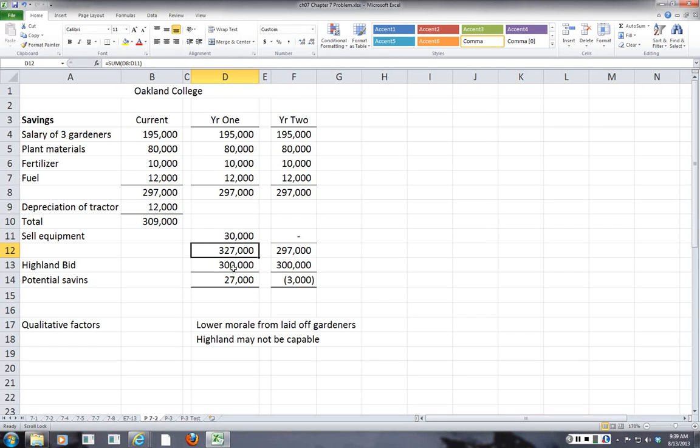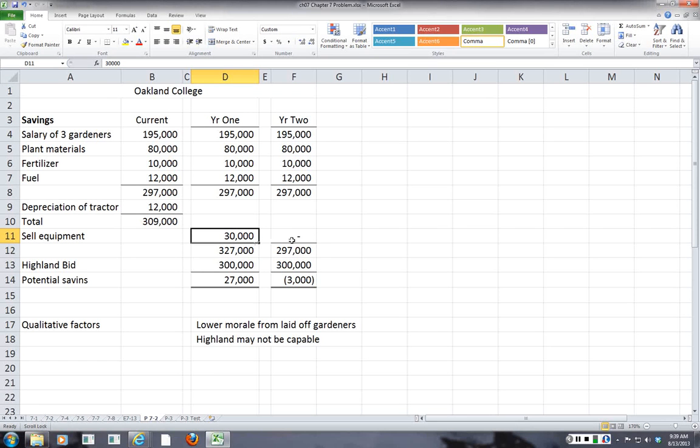And if the bid is $300,000, the potential savings is $27,000. But that's year 1. The problem is it's not a profit, but a reduced cost, because they can sell that equipment.